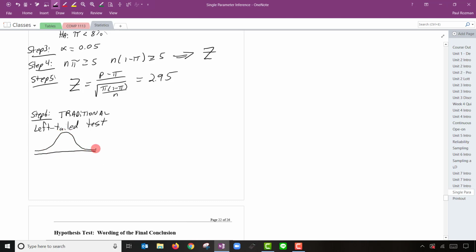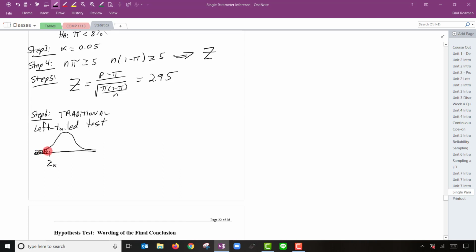This is new. In our confidence intervals, we always had an upper and lower bound. Hypothesis test can be one-tailed, where we only have to worry about the one side. So instead of having a Z written with alpha over 2, I'm going to write it just with a subscript alpha.